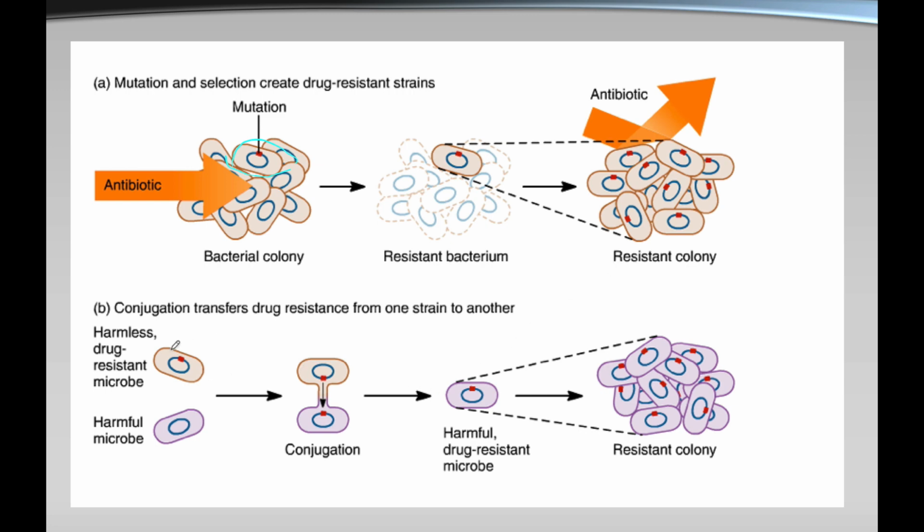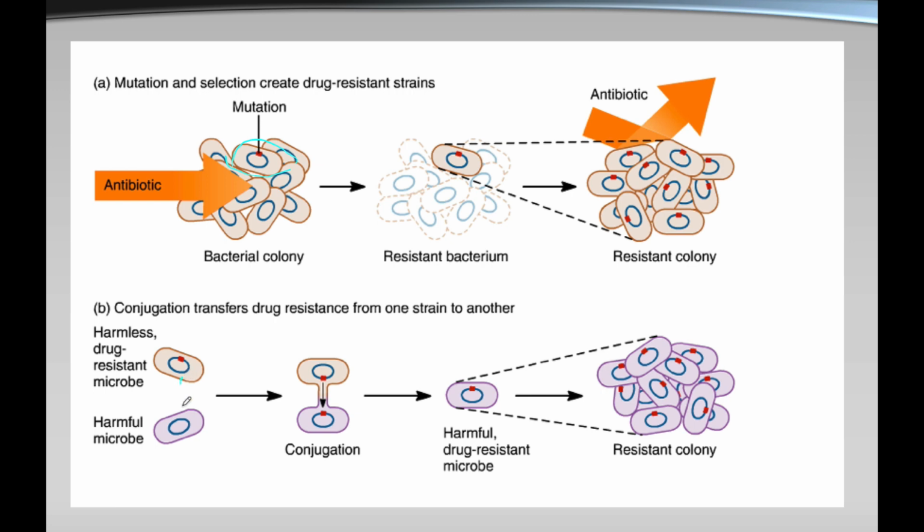Now, we also have the idea of conjugation, one of the methods of genetic recombination, where we send out a conjugation pilus, which you can see here, to another bacterial cell that doesn't have that drug resistance gene.